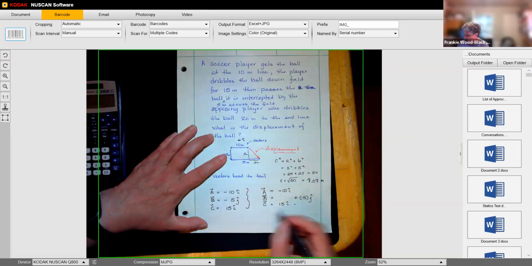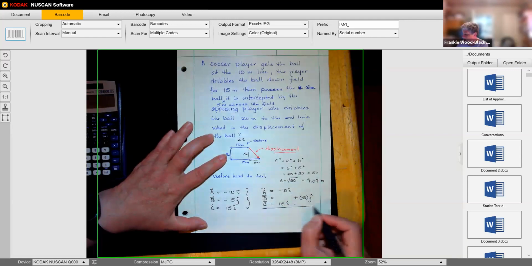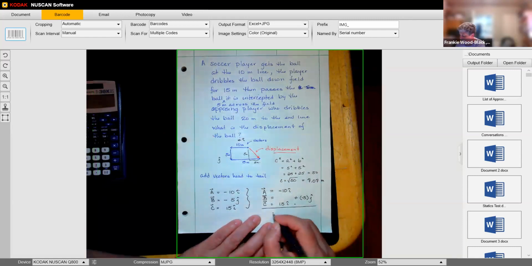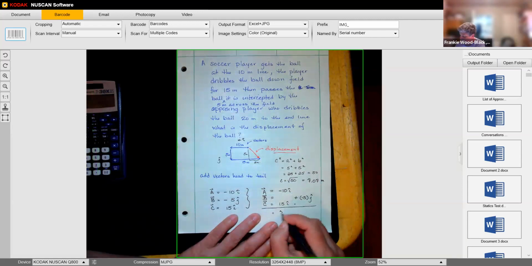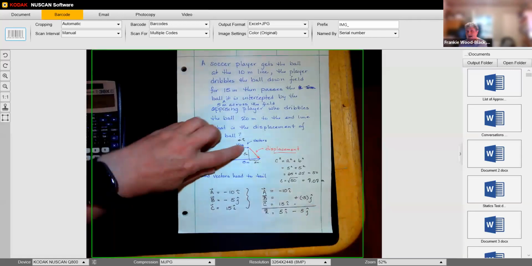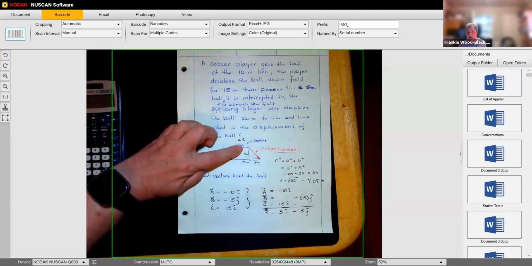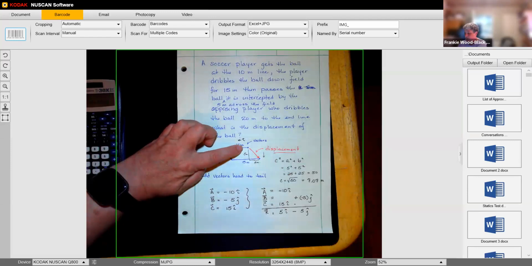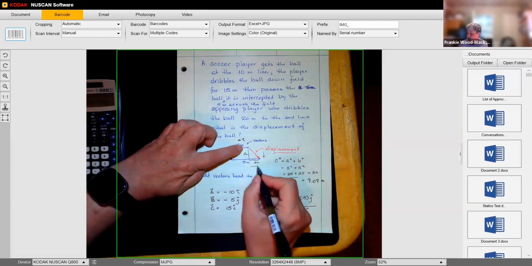But there is no j, and so I add all the i's together and I add all the j's together, so I end up with a positive 5i minus 5j gives me my resultant vector. And we've done that visually right here. I'm in the negative y direction, but I'm in the positive x direction.